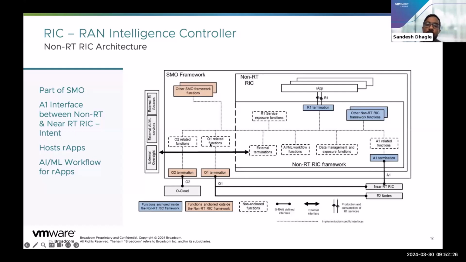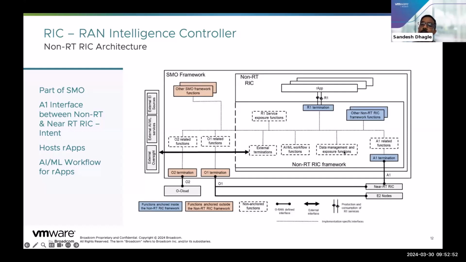O1 termination is where the O1 related services come, and as I was mentioning, this is where it would connect to the legacy network in case it has to. Okay, and in the non-real-time RIC, there are AI and ML workflow functions, which can then be made available to the near-real-time RIC as well.